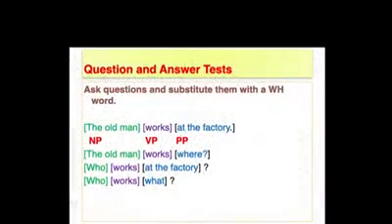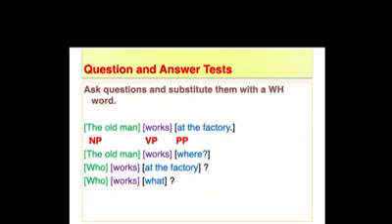Another way to check whether constituents are single units or not, we can ask questions and substitute them with a WH word. Okay, let's have the same example. The old man works at the factory. We can ask a question about at the factory, about the PP.